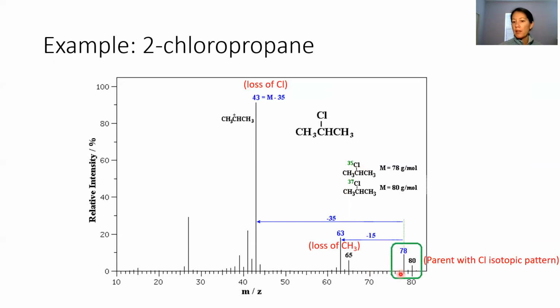So if you have your main out of the two parent isotopes, the main 178 minus 35, minus the chlorine, will be 43. So you do see this as a significant base peak. You also see something else here, minus 15, which hopefully now you're recognizing is methyl. So you note that as well.